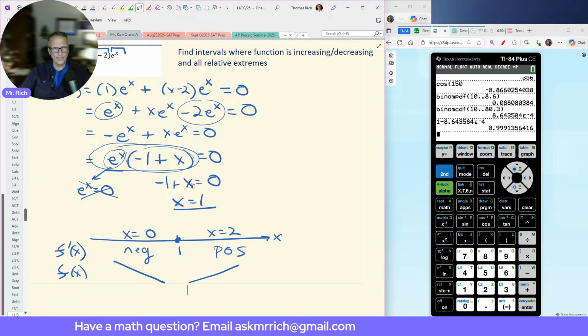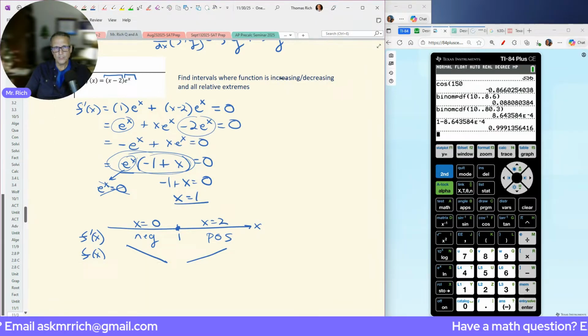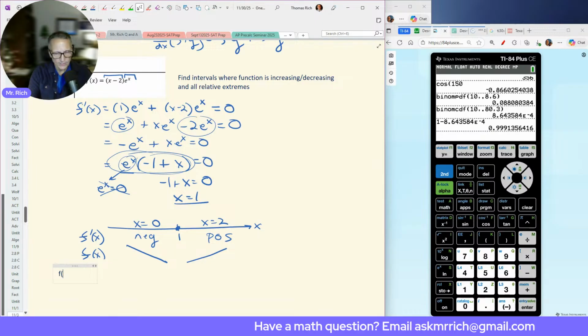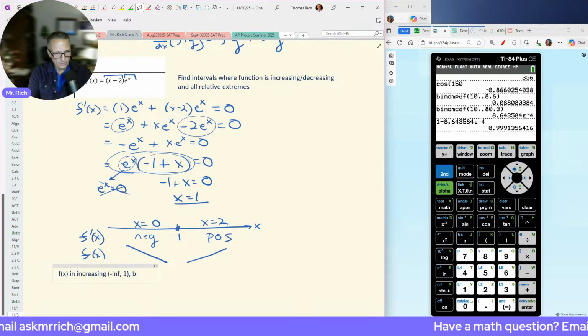So that means I can answer both of these questions here. Where is the function increasing? Well, I would say that f of x is increasing over the interval 1 to infinity.